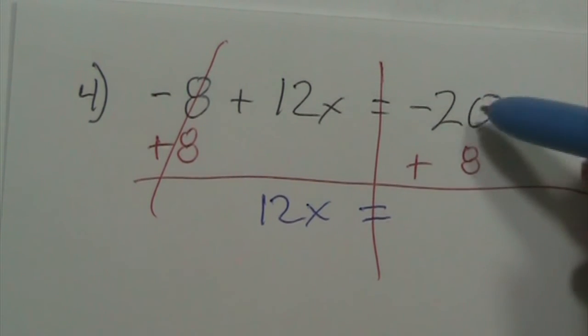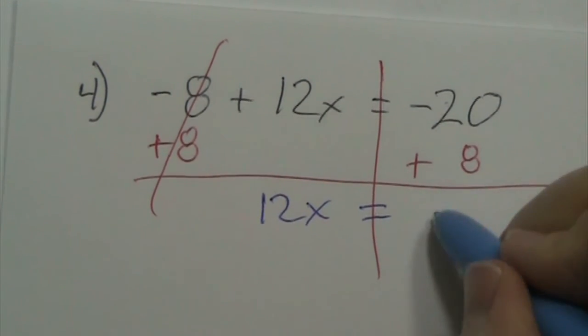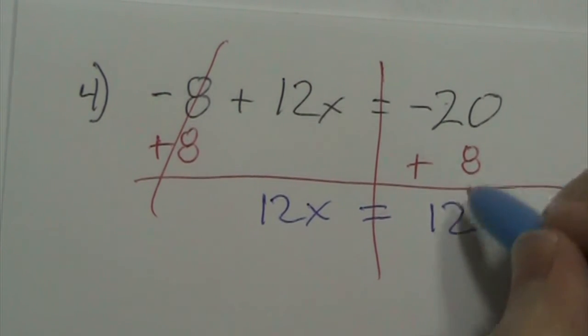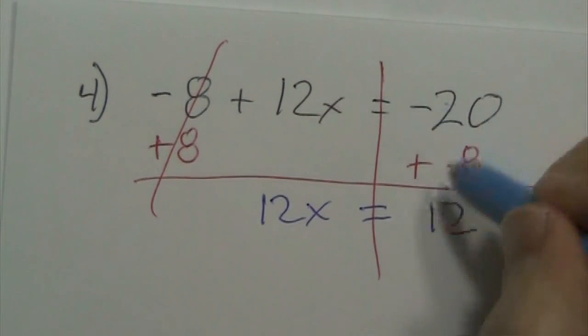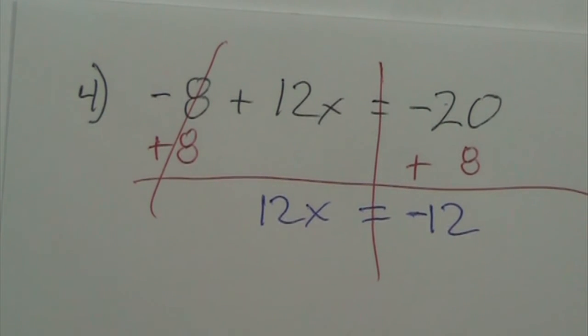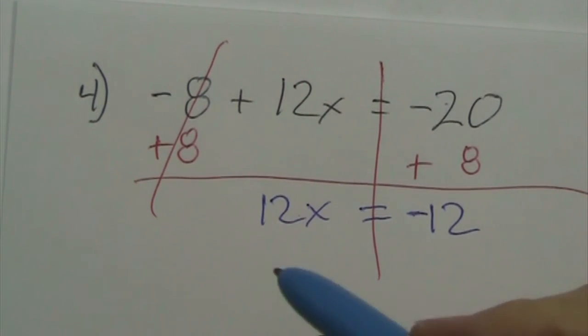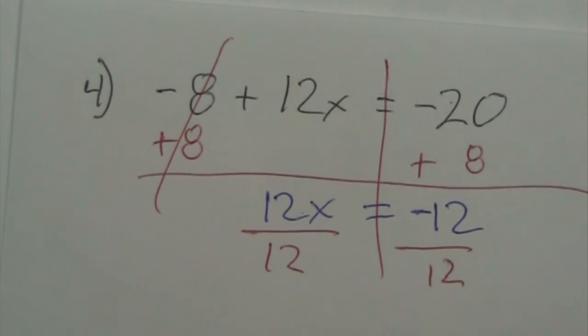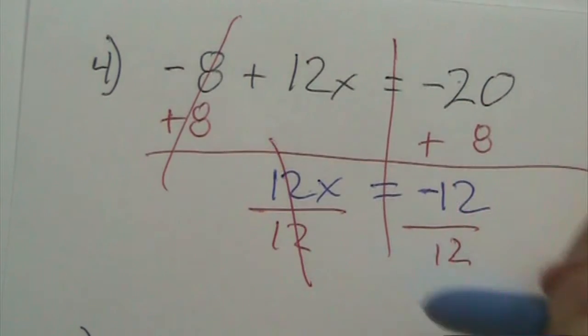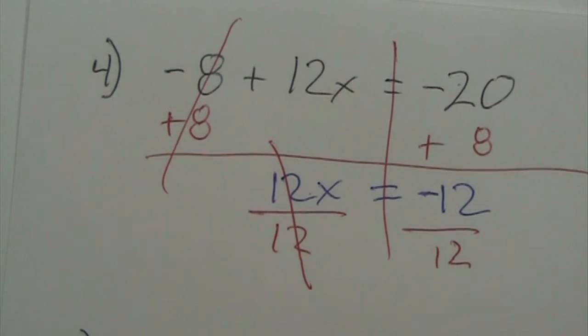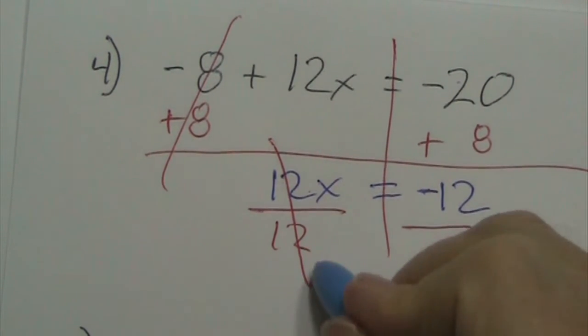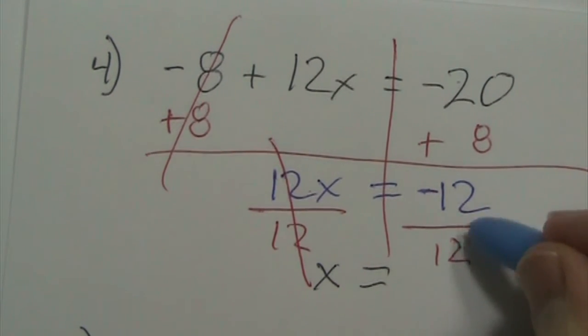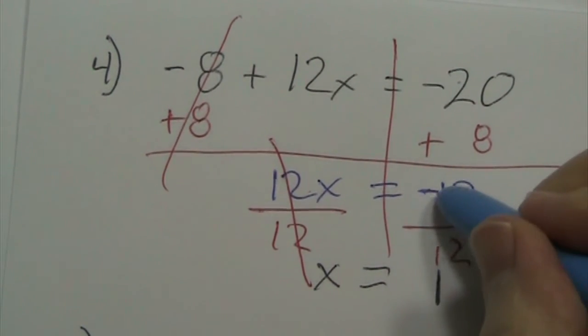They're different, so subtract them. 20 take away 8 is 12, and there's more negative. Next, you need to get rid of this 12. That's 12 times, so you do the opposite. That's gone. Leaves you with just x. 12 goes into 12 one time, and there's 1 negative.